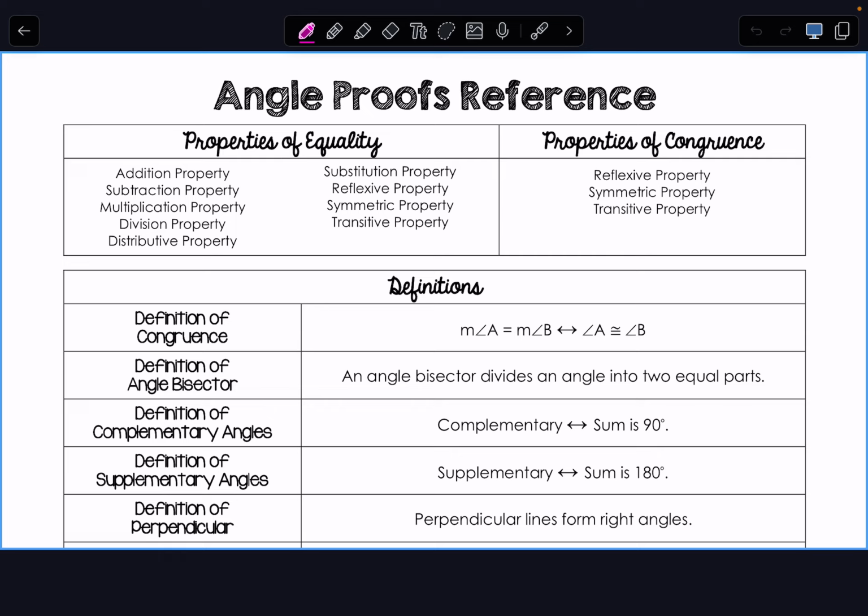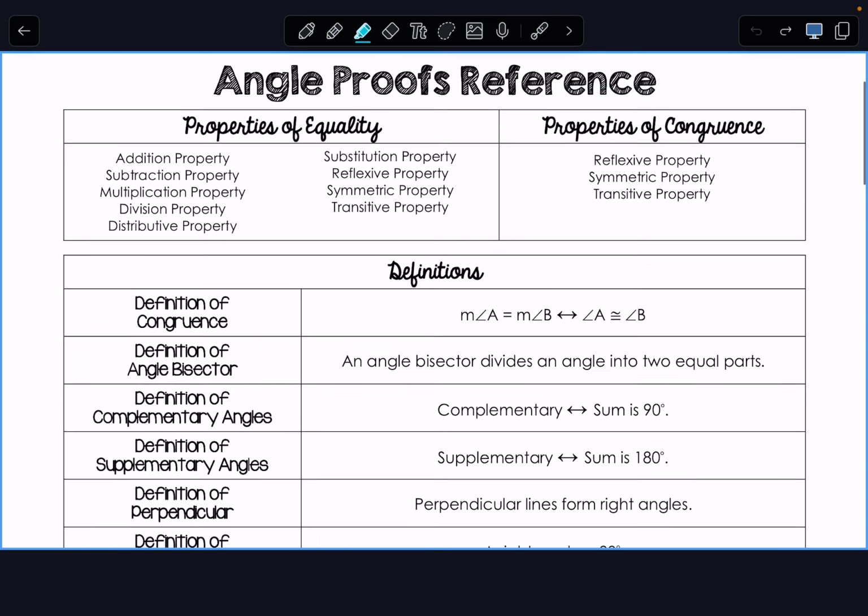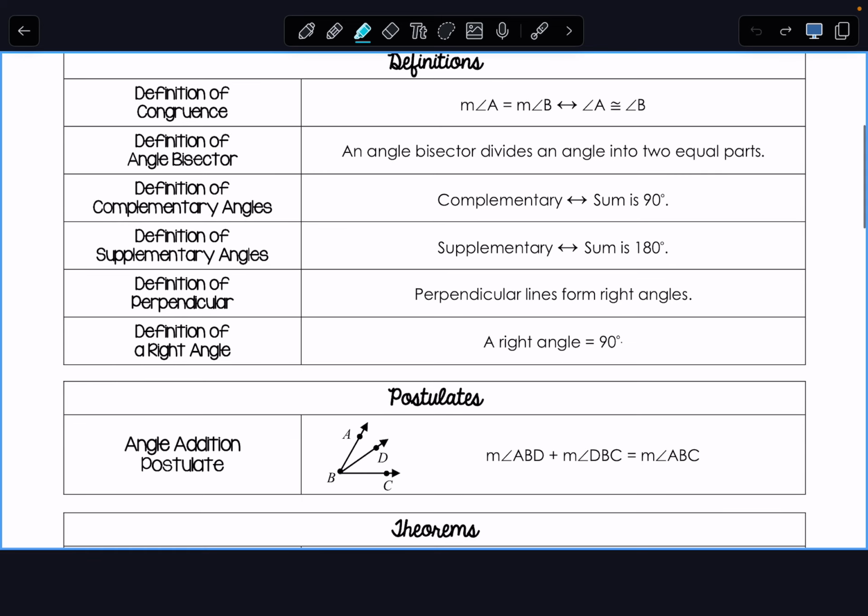We still have all of these properties of equality, just like we did with our segments. We also have all of these properties of congruence. We still have a definition of congruence, but this is how it would look for angles. Measure of angle A equals the measure of angle B. That means angle A is congruent to angle B, so we can go back and forth.